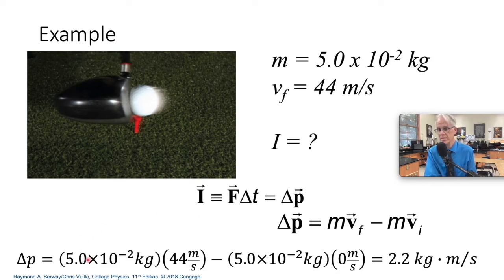Let's plug that all in. Notice that our initial velocity was 0, and we get our change in momentum is 2.2 kilograms meters per second. That's our impulse. Our impulse is the change in momentum. Once we found the change in momentum, we knew the impulse.